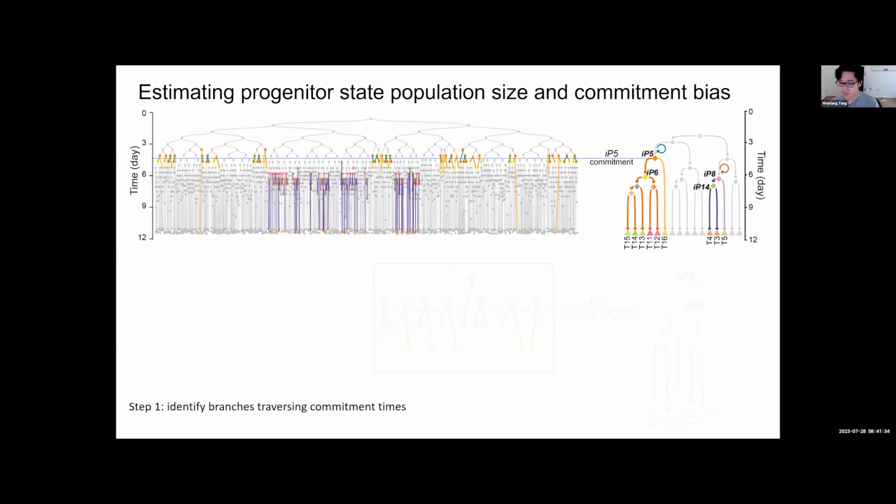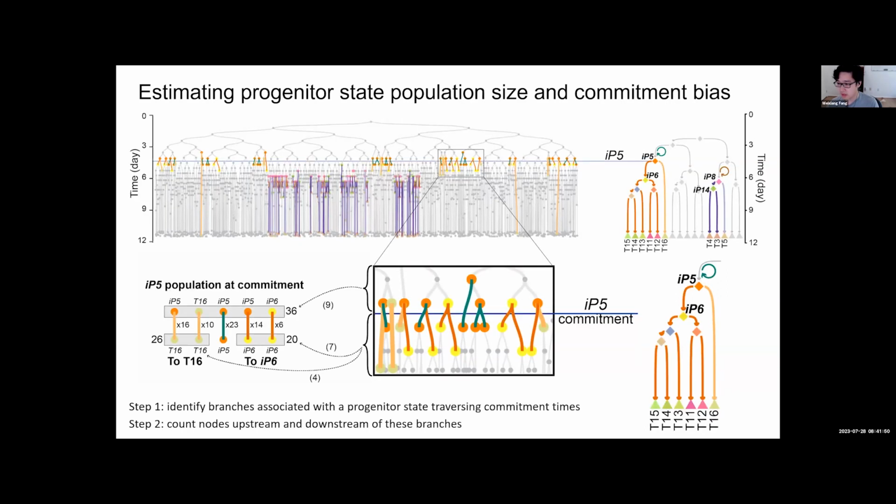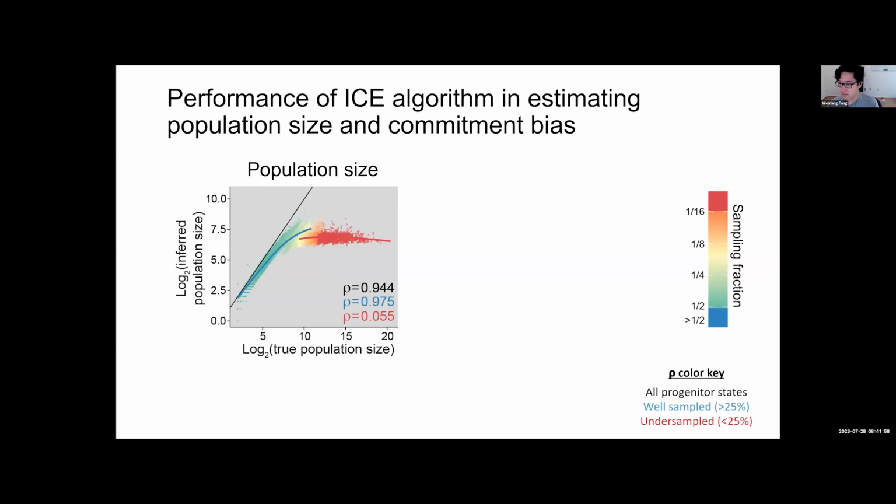So in here, we're showing a zoomed-in view along the commitment events of two different progenitor states. And by counting the nodes that are upstream and downstream of these commitment events, we can get an estimate of the population size and commitment bias.